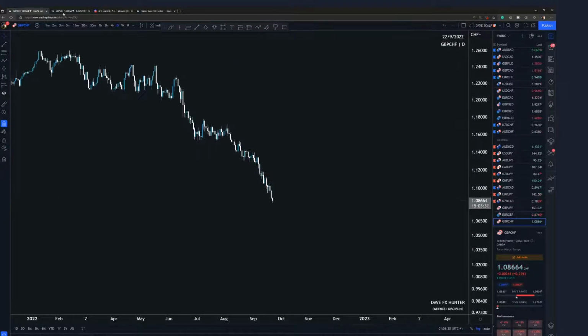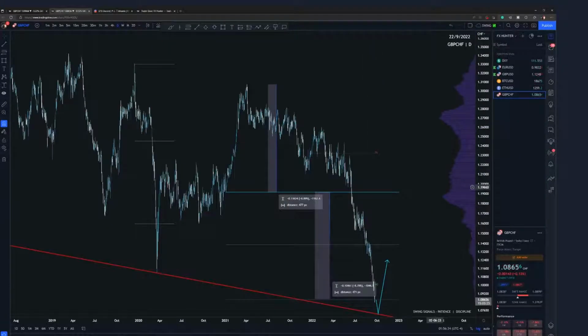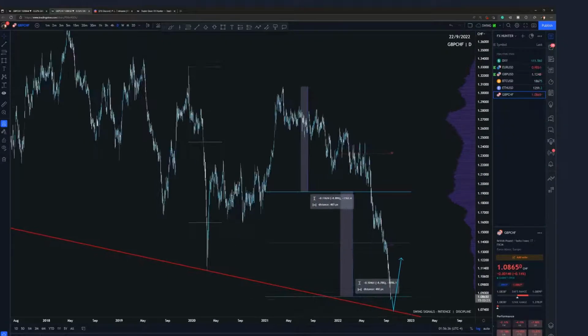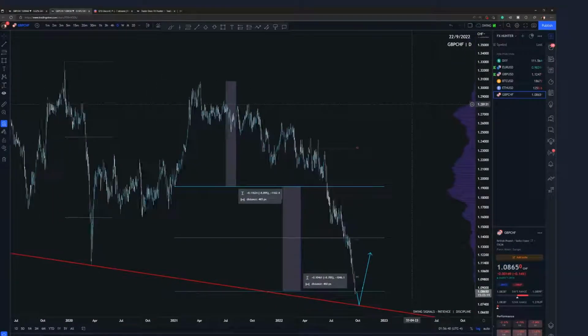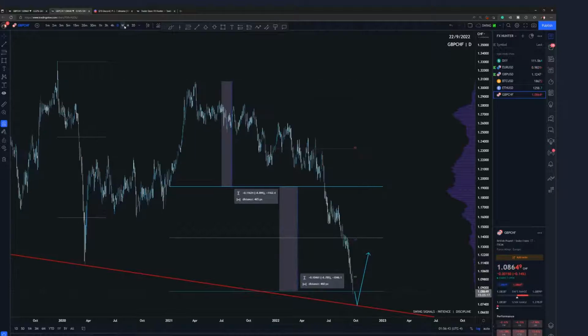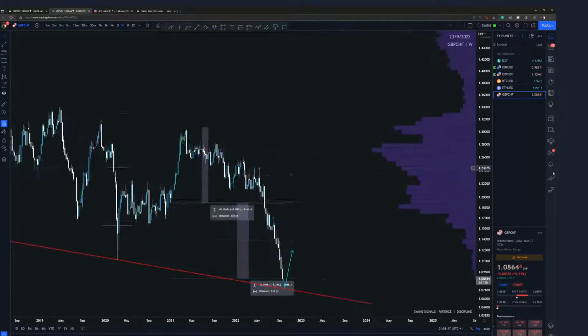No, it's not here. Yes, it's here. So here is my view on the pound franc. Let me bring weekly, so the indicator brings these ranges.